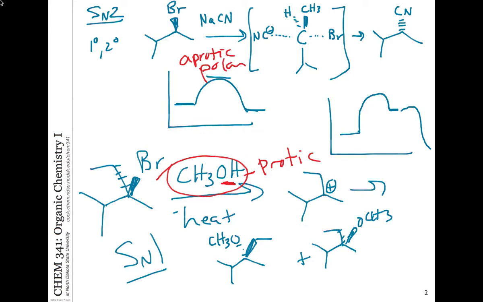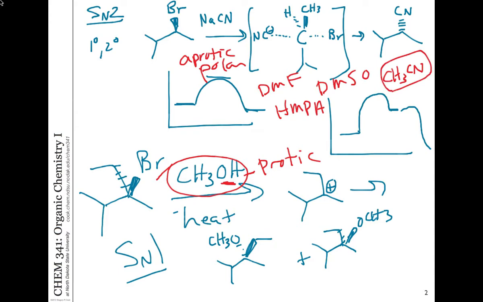And there's lots of abbreviations for those. DMF, dimethylformamide, dimethyl sulfoxide, hexamethyl phosphoramide, even acetonitrile. Acetonitrile is a very good organic solvent for dissolving those. It's got that CN group, which is polarized.